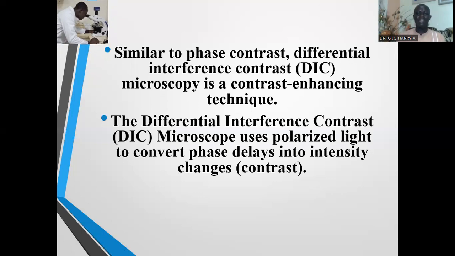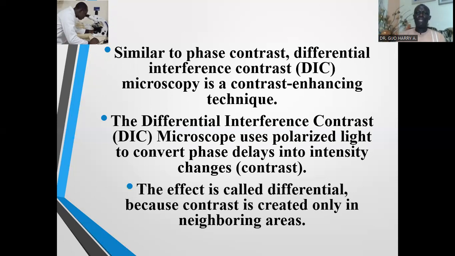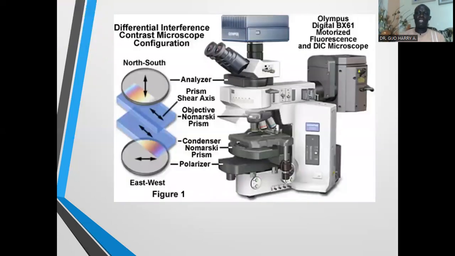It uses polarized light to convert phase delays into intensity changes. The effect is called differential because contrast is created only in neighboring areas.